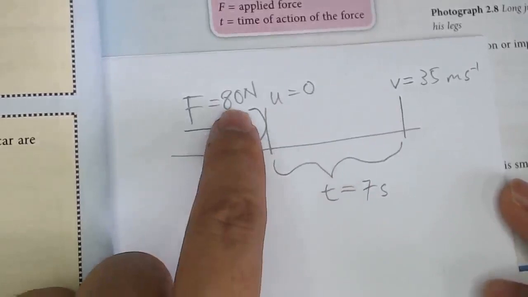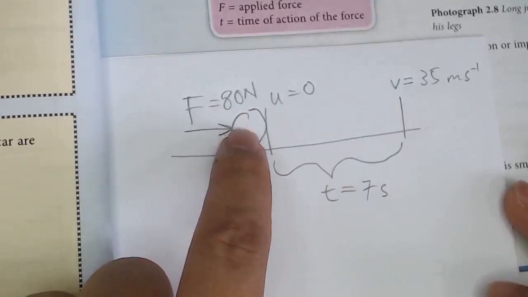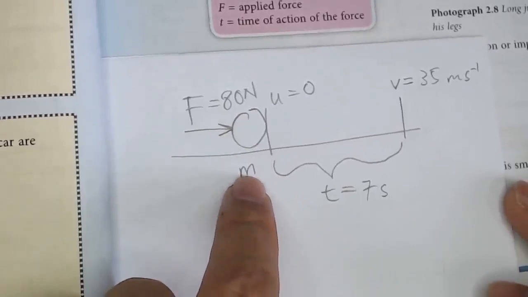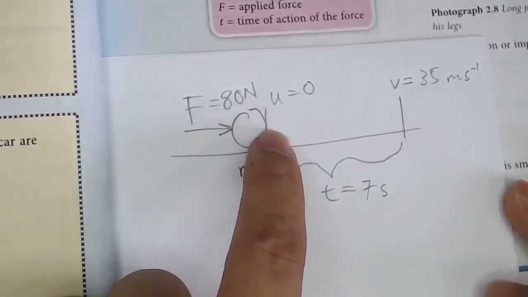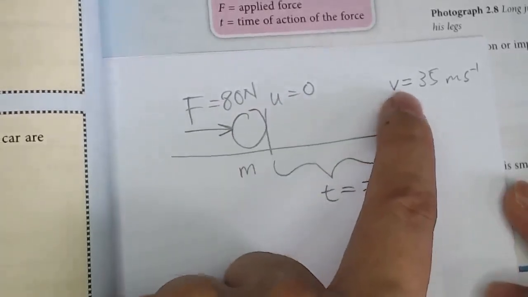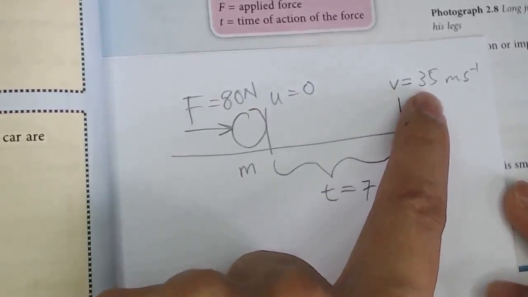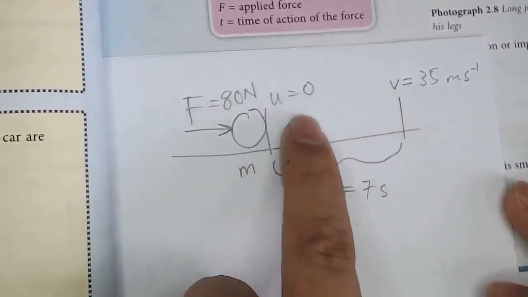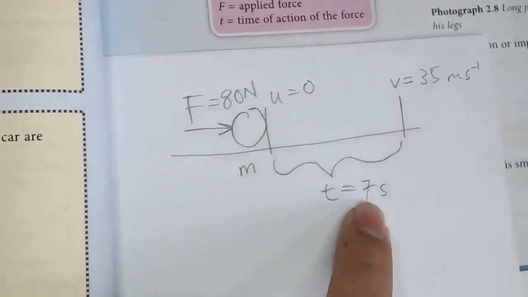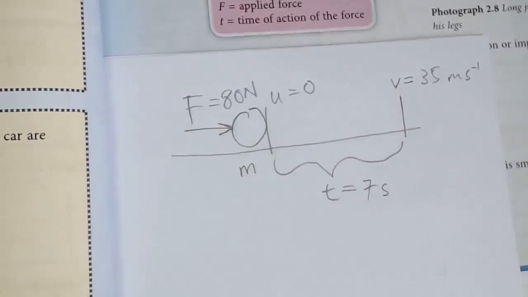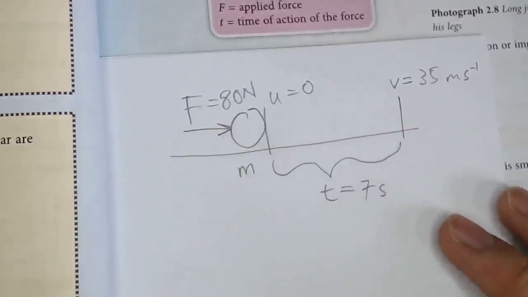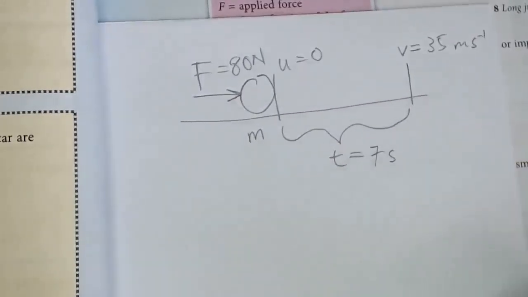Again, this 80 Newton exerts on this object, which has mass of this M, which moves this object from U, 0, until it increases the speed to 35 meter per second, which in this motion, U to V here, takes 7 seconds. Do you understand that one? You should be able to relate all of them. So let's begin.